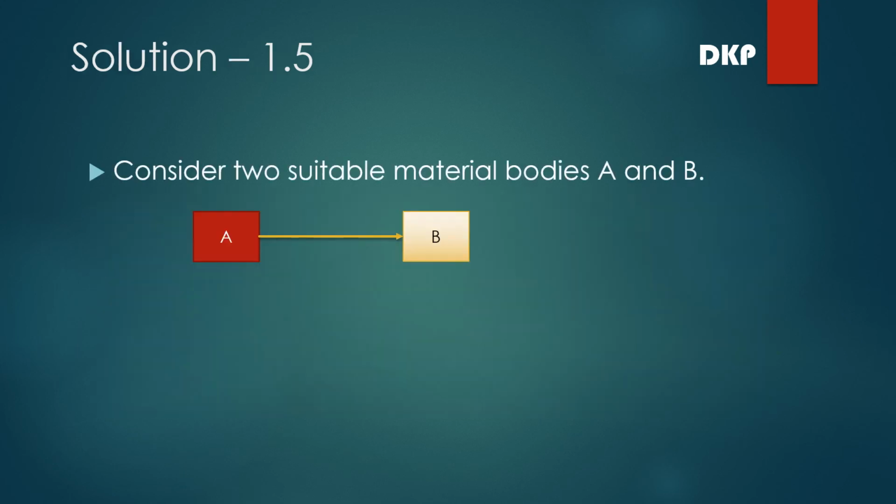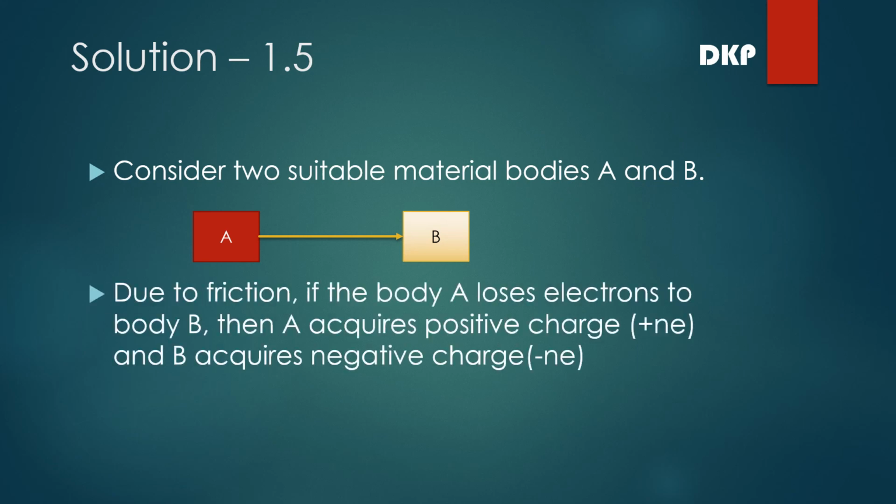Consider two suitable material bodies A and B, as shown. Due to friction, if the body A loses electrons to body B, then A acquires positive charge and B acquires negative charge. So if A gives an electron to B, A acquires positive charge.